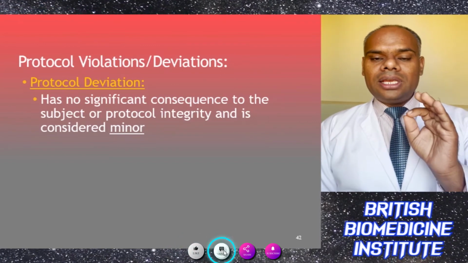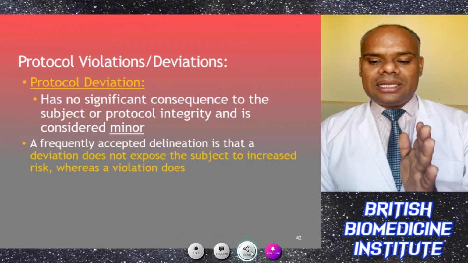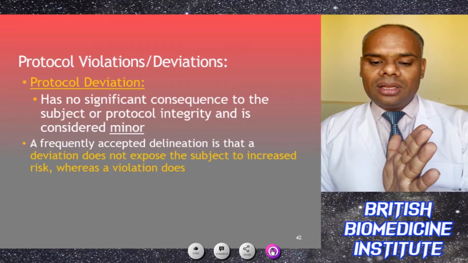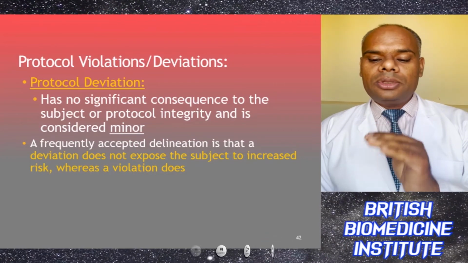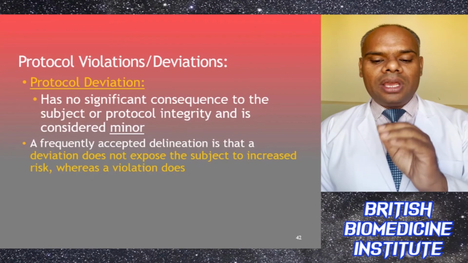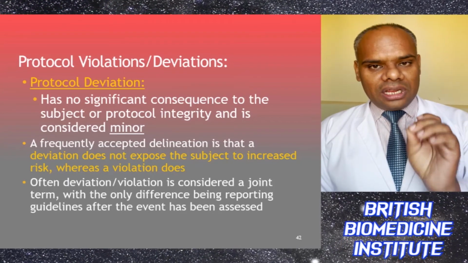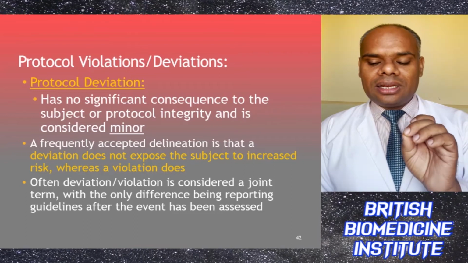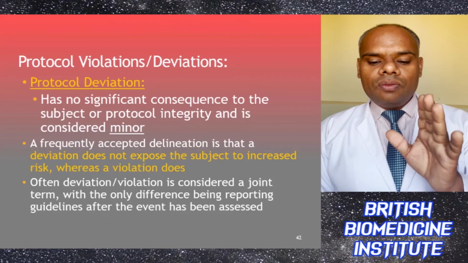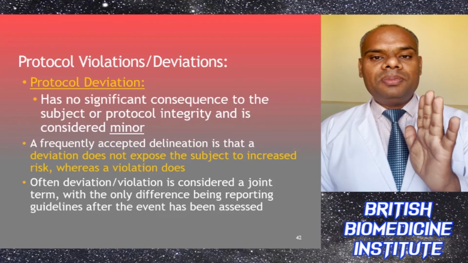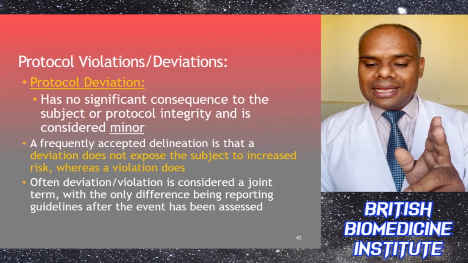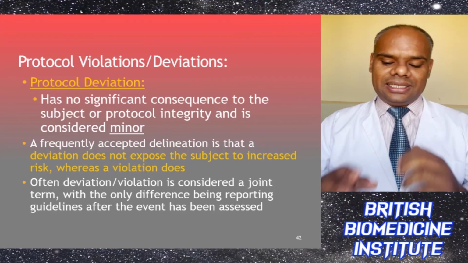A frequently accepted delineation is that a deviation does not expose the subjects to increased risk, whereas a violation does. Often, deviation and violation is considered a joint term, with the only difference being reporting guidelines after the event has been assessed.